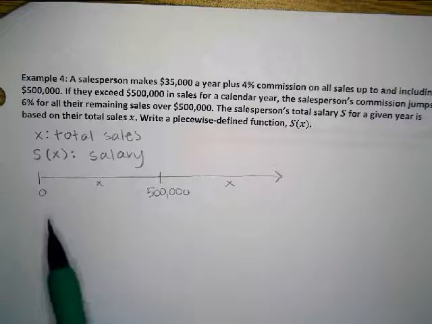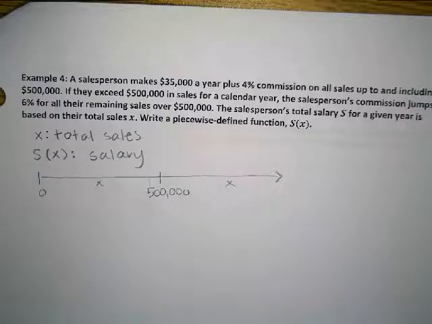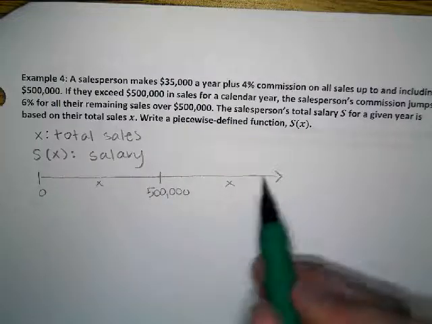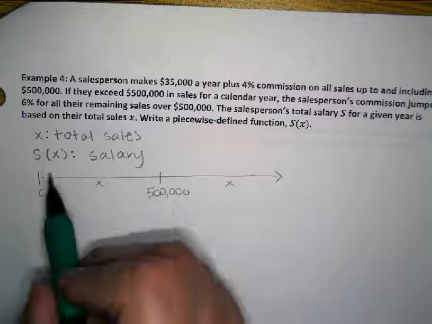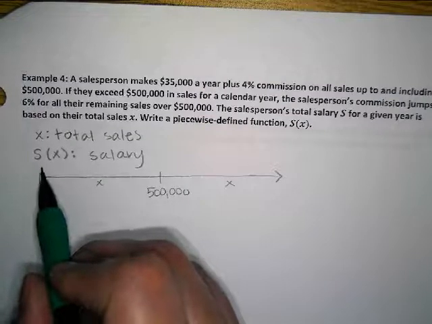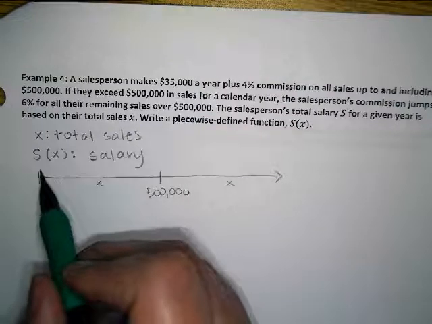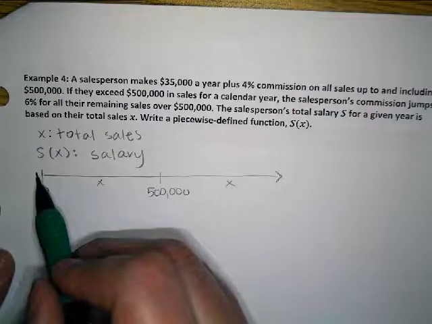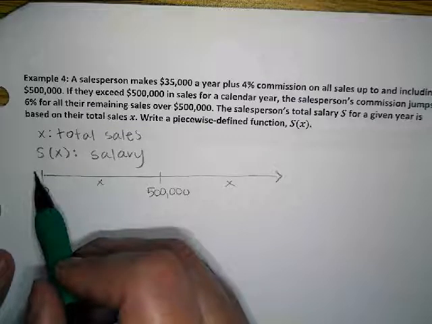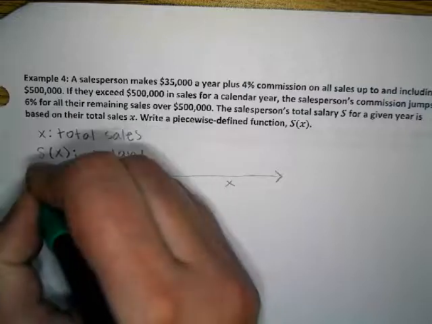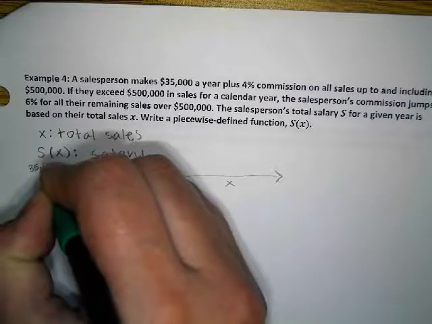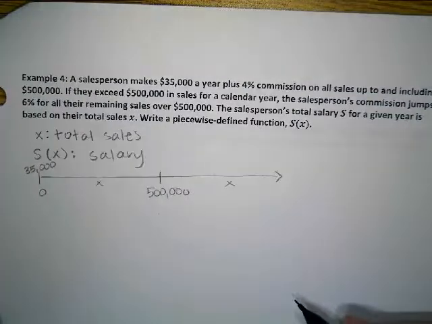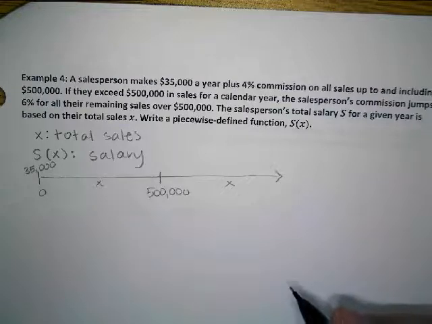Over here, when we have our Y outputs, S of X, we don't start Y at 0, do we? Because you have a base income that you get even if you're a terrible salesman. What's your base income? 35,000. You get that even if you are the worst. Okay.